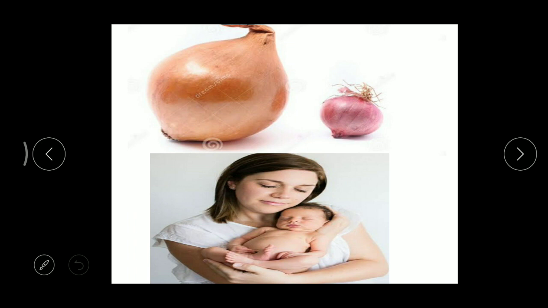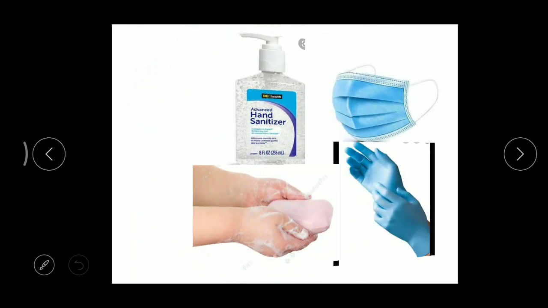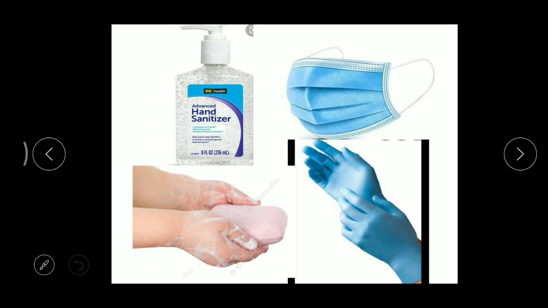And now let's come to this. What is this? This is a hand sanitizer, mask, then hand washing, and the next, gloves. Now these are very important in our daily life nowadays.